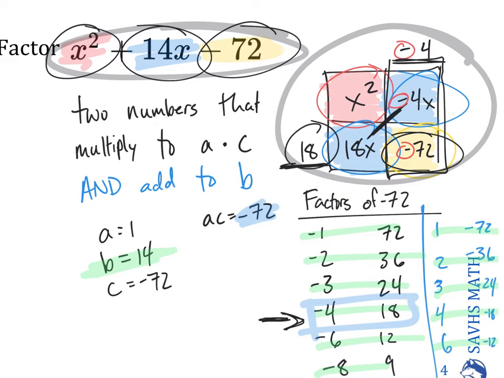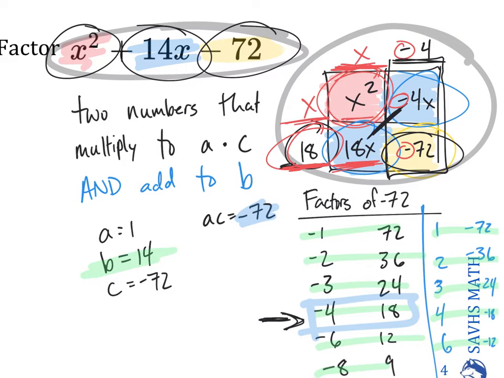Since this is 18 right here, this is an 18x, so 18 times what gives you 18x? Well, it's got to be x. And then last but not least, this is an x squared, so x times this has to give you x squared, and so this has to be x.